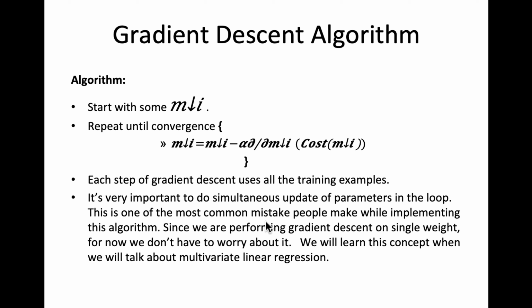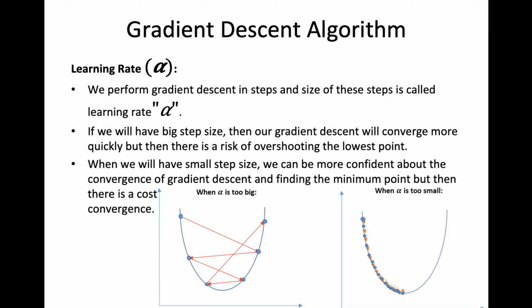It is also very important to do simultaneous updates in the loop. I'm not going to talk about implementing this gradient descent algorithm, but we perform gradient descent in steps. So we move step by step, recalculate everything till we reach the local minimum. And the size of these steps is called the learning rate alpha.